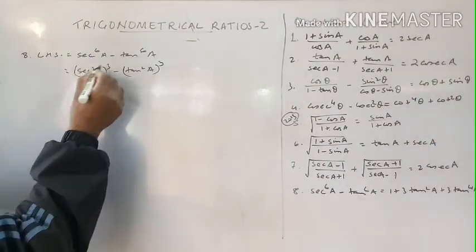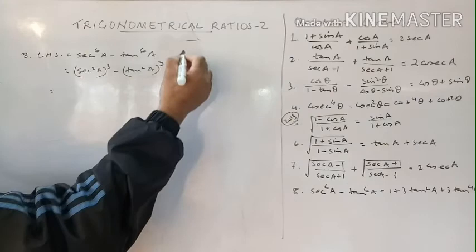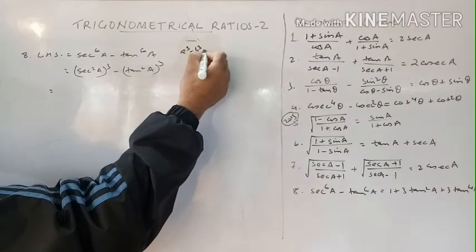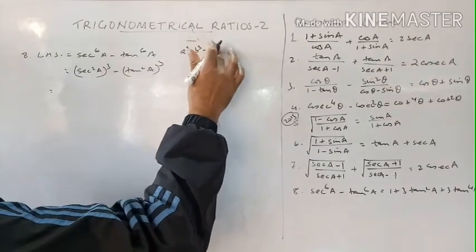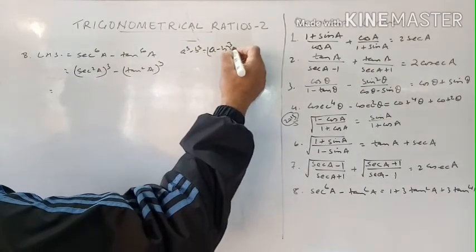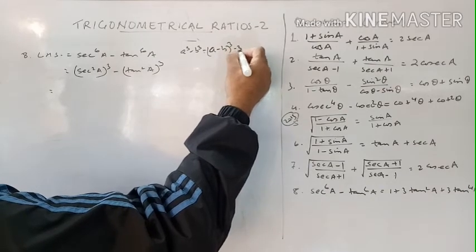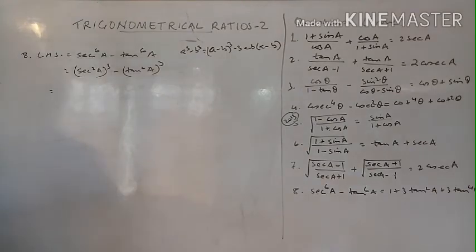Okay, so 2 3s are 6, 2 3s are 6 here. So we can use here the A cube minus B cube formula, that is (A minus B) whole cube, and then we have minus 3AB into (A minus B). So this is the formula.